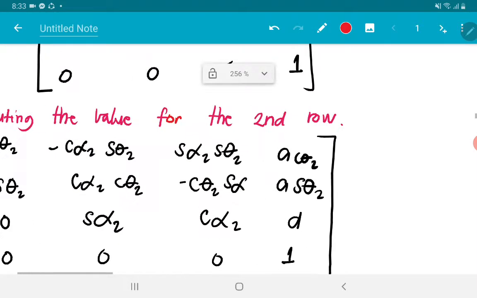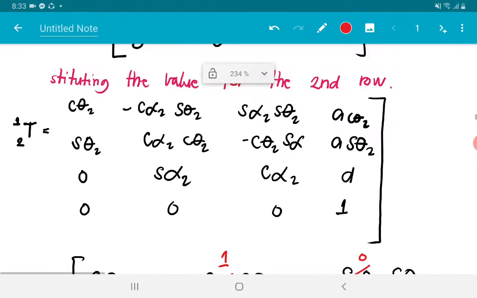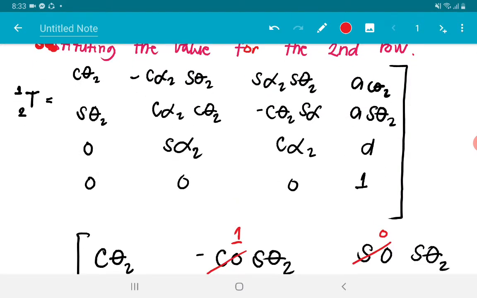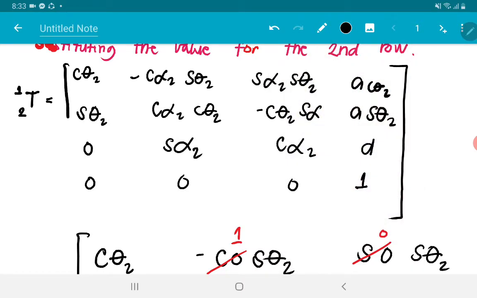the second row, you will have this matrix.